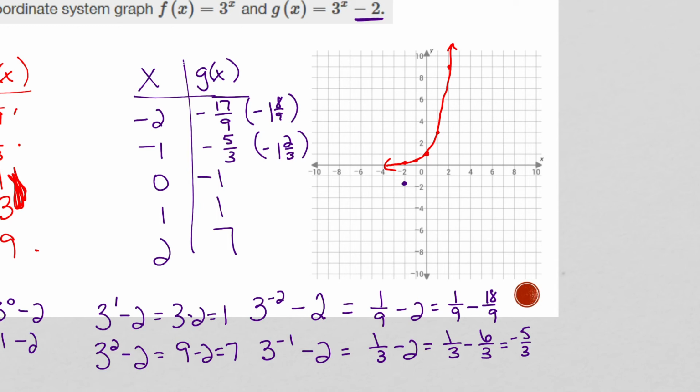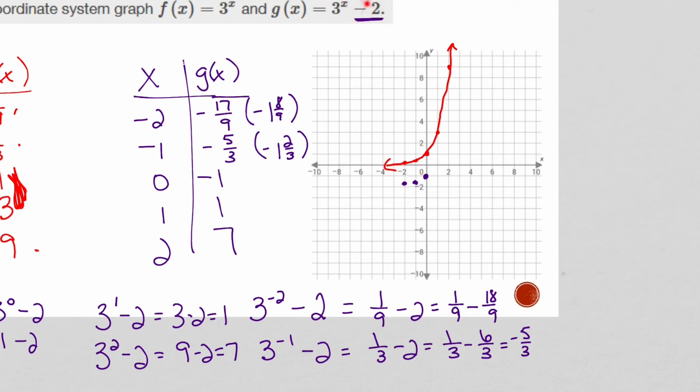Okay, so now let's see here. Negative 1 and negative 1 and 2/3. Okay, it's really going to be below negative 1 and 1/2. Okay, and then we've got (0, negative 1), which, look at that. Our normal place to go through is right there. But what did this happen? It moved it down 2 spots.